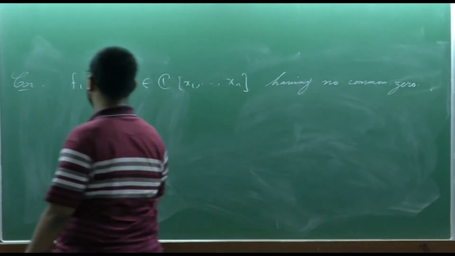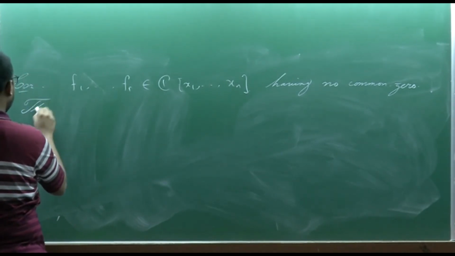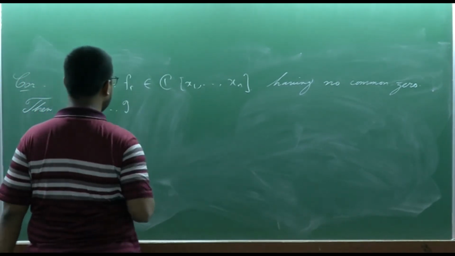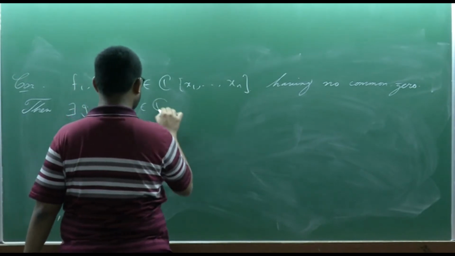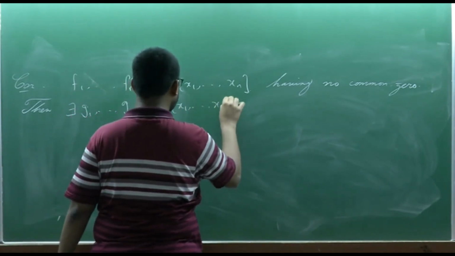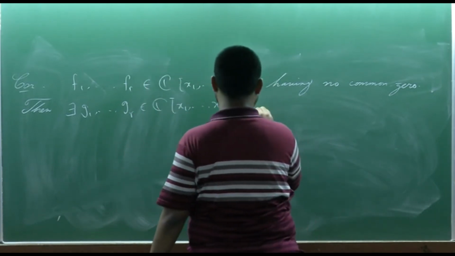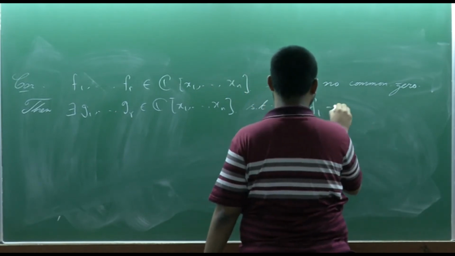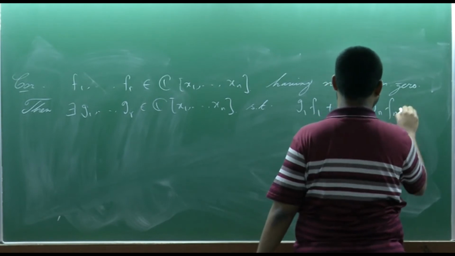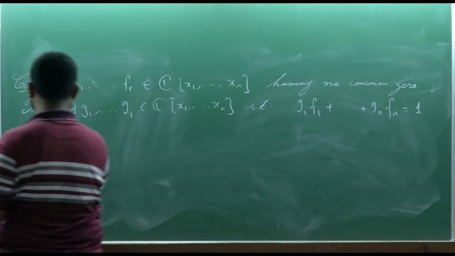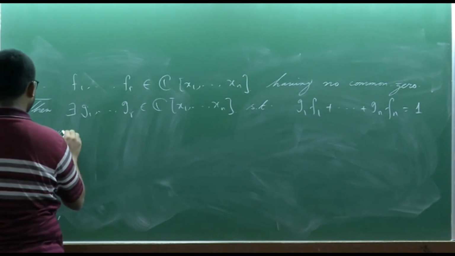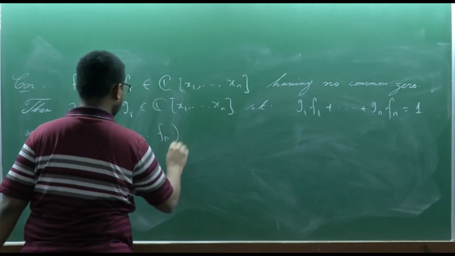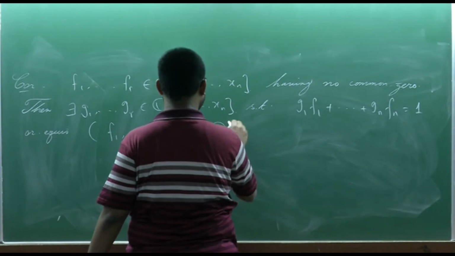Then there exist polynomials g1 through gr such that the combination f1 g1 plus and so on equals 1, or equivalently, the ideal generated by them is the whole of the polynomial ring.